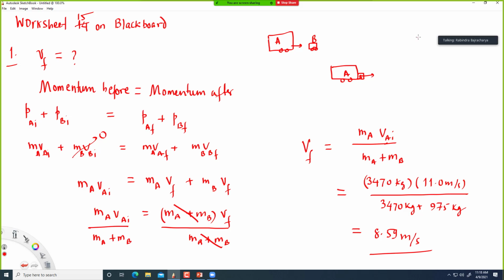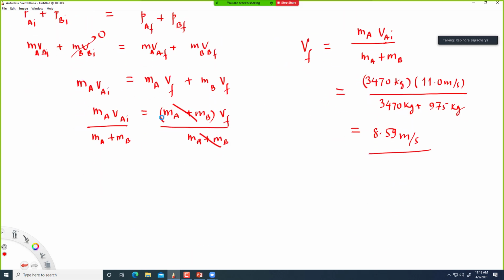Number 2 is similar to what we did in lab yesterday, or on Wednesday. The only difference is that on number 2 it's an inelastic collision. The one we did was elastic, they bounced back, but here the trains get stuck, they don't bounce back, and they move as a single object, single mass.